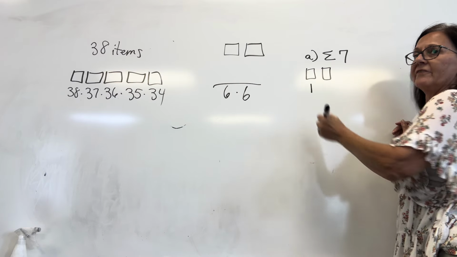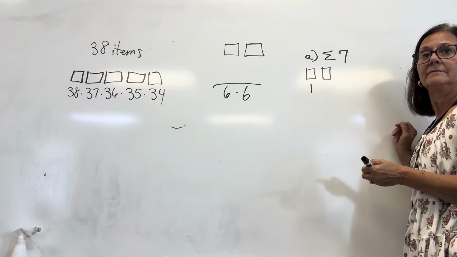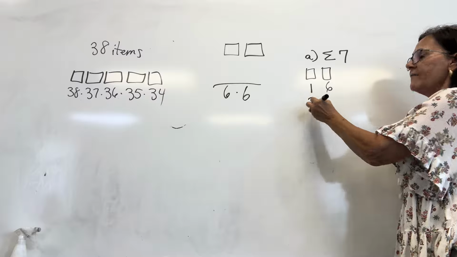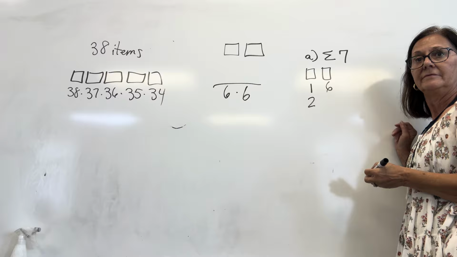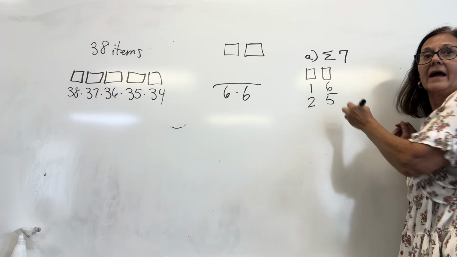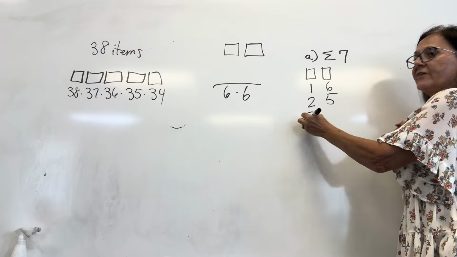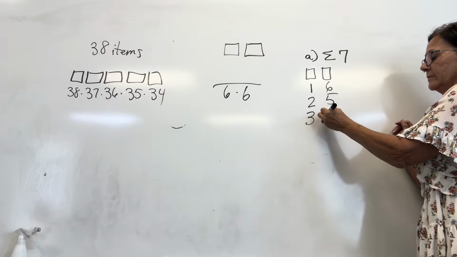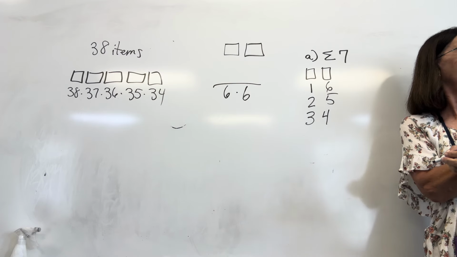Can I get a 7 if I roll a 1 on this? Yes. That has to be a 6. Can I get 7 if I roll a 2 here? If it's a 5. Can I get a 7 if I roll a 3 on the first one? Yes, it'll be a 4. I almost wrote a 5.